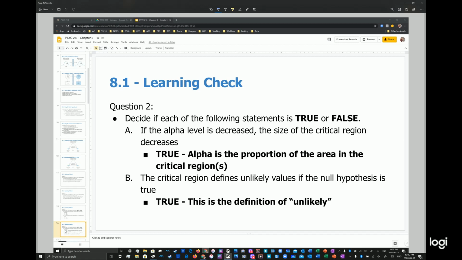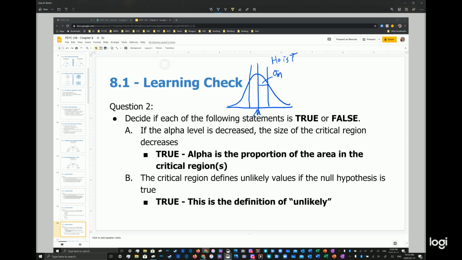So looking at A then, if you need some help picturing this, let's say we have a couple of sampling distributions. And this is just one standard error away. All of these are going to assume that the null is true. We're working with the sampling distribution here.